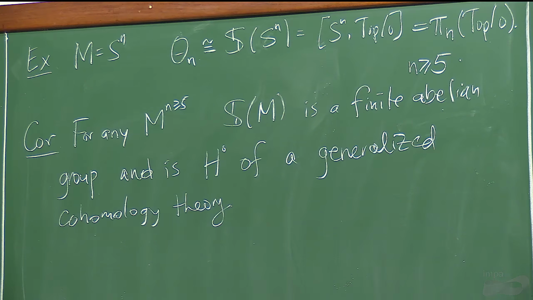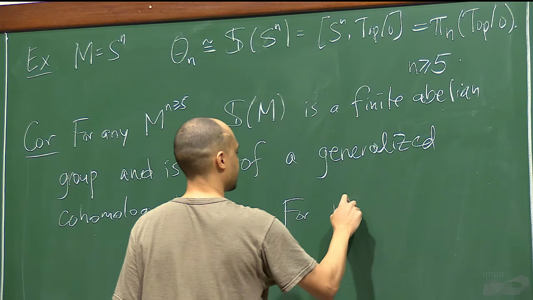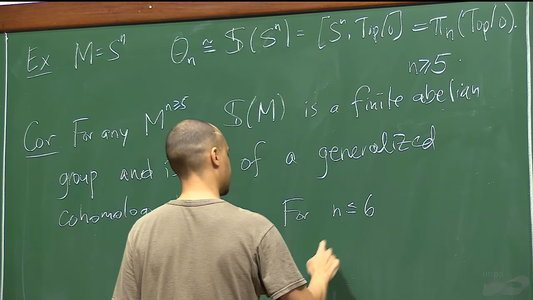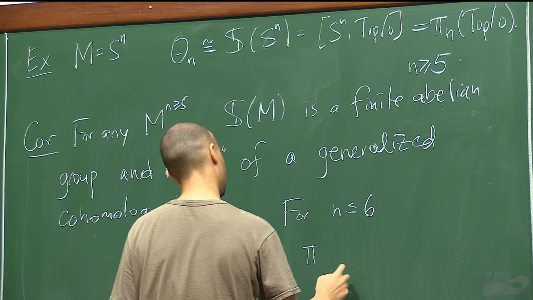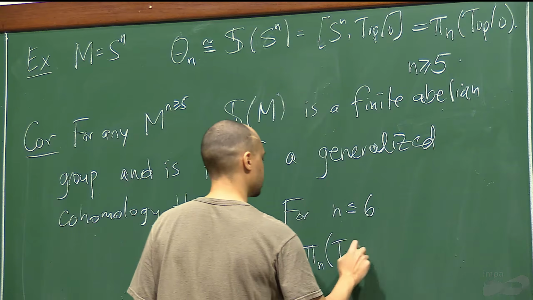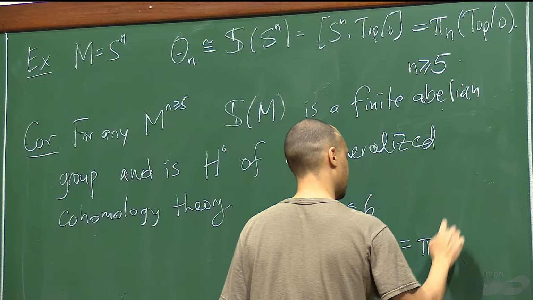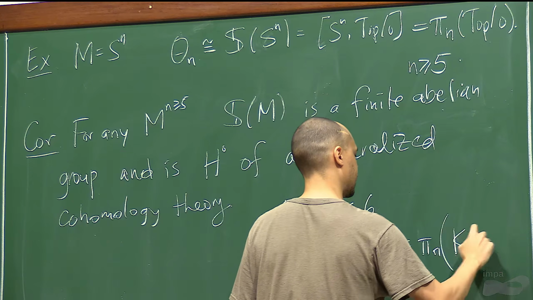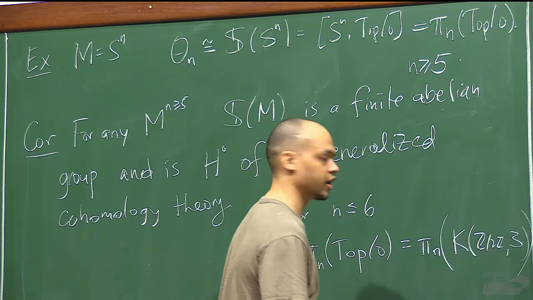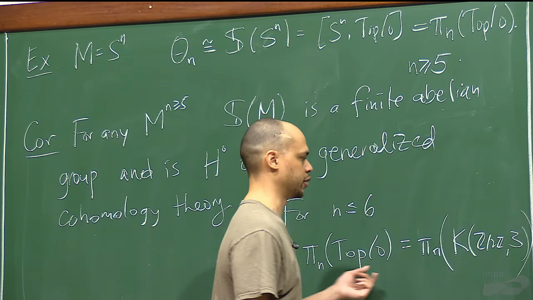Do we know the lower homotopy? Yeah, right. So for n at most 6, pi_n of Top/O is the same as pi_n of K(Z/2Z, 3), which is maybe an obnoxious way to write it.